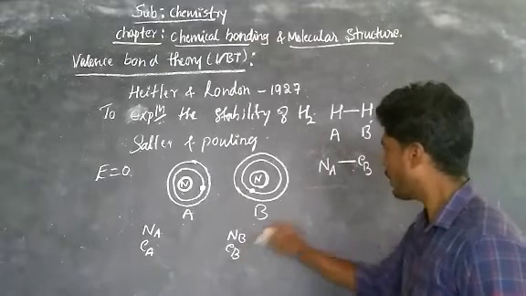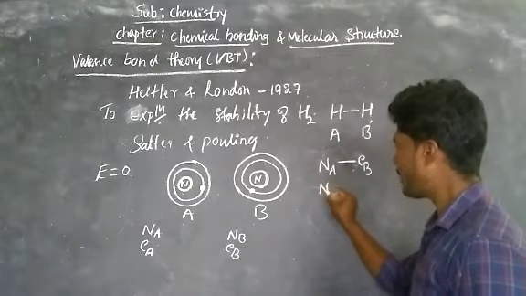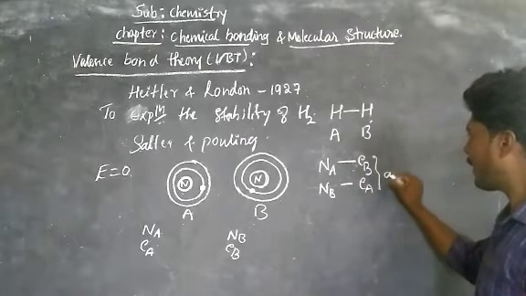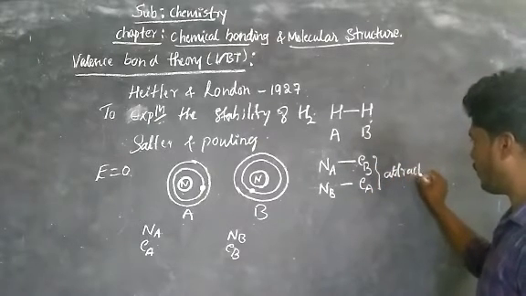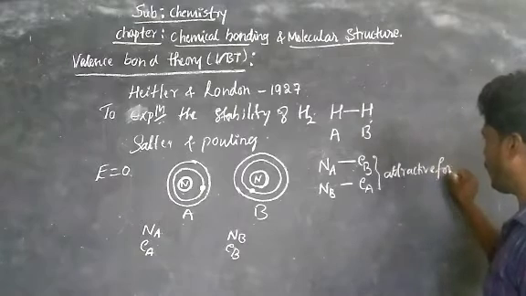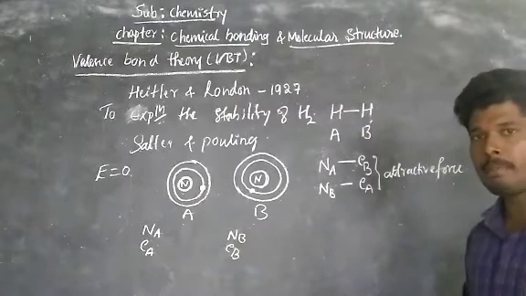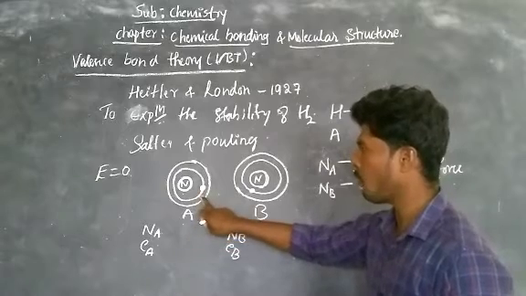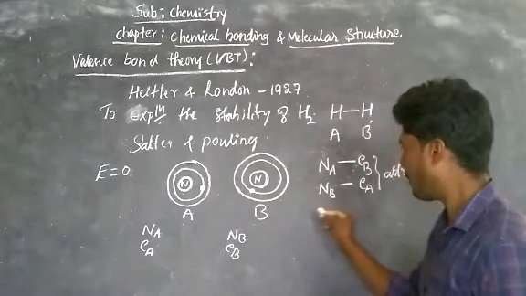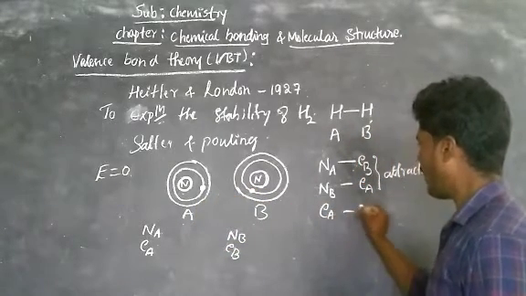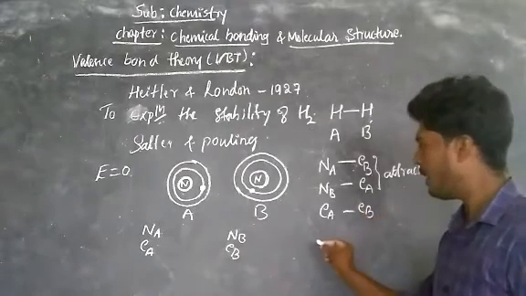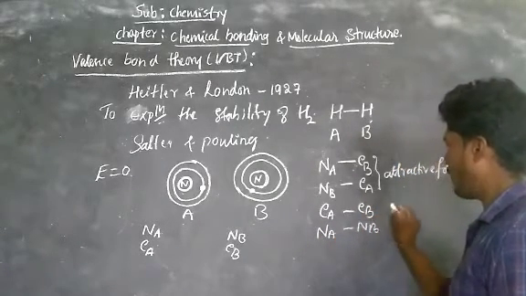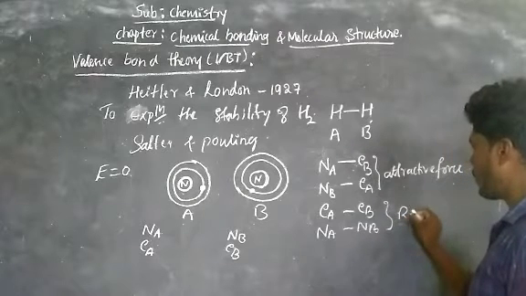Also between the nucleus of B and the electron of A, attractive force operates. Similarly, the repulsive force operates between the electron of atom A and the electron of atom B, that is Ea and Eb. Then similarly, between the nucleus of atom A and the nucleus of atom B, repulsive force operates.